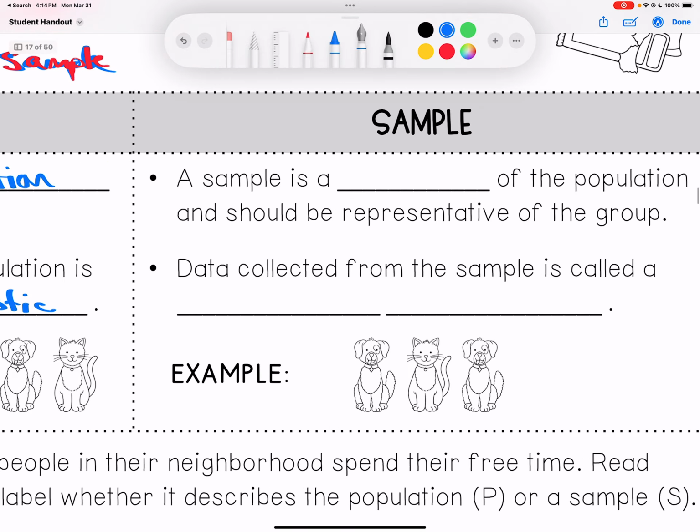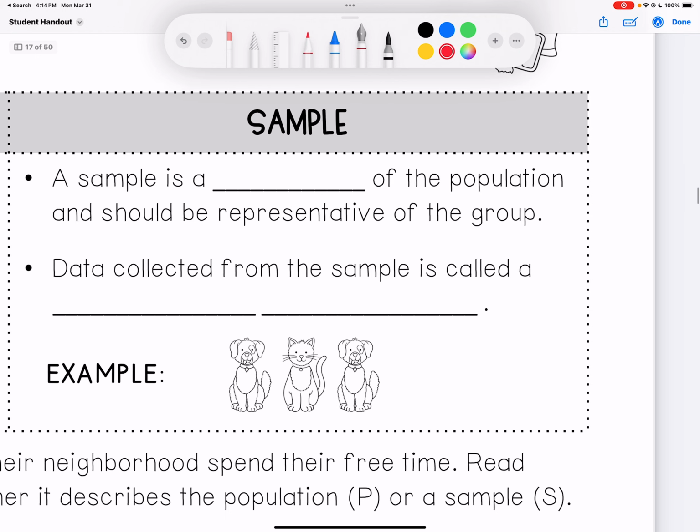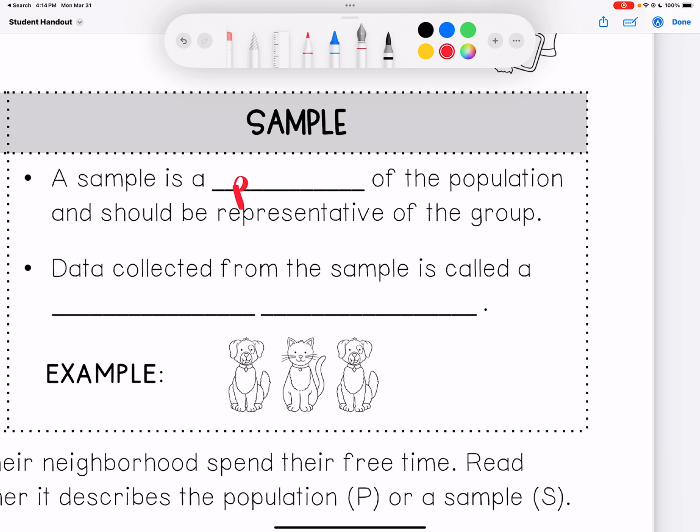All right. A sample is a portion of the population and should be a good representation of what the whole group would want. Exactly, probably not, but a good representation. Data collected from the sample we call sample statistic.